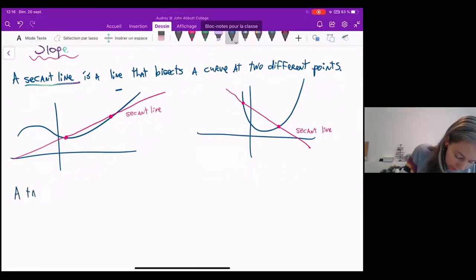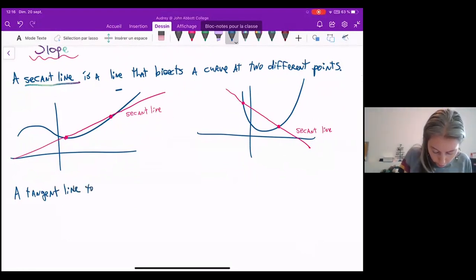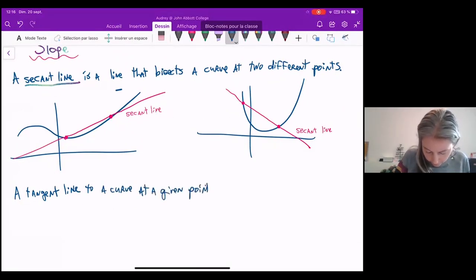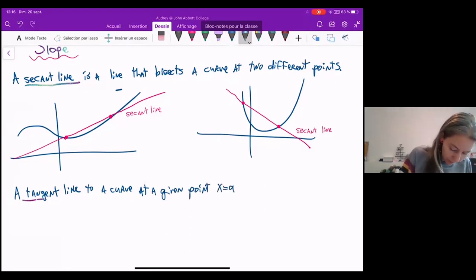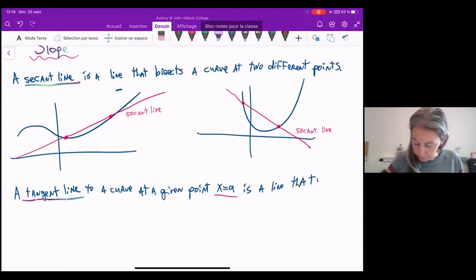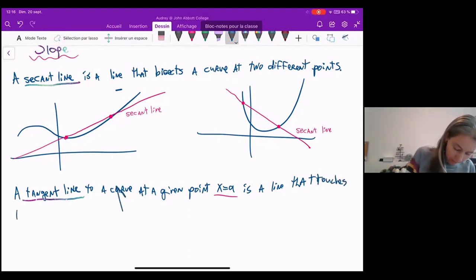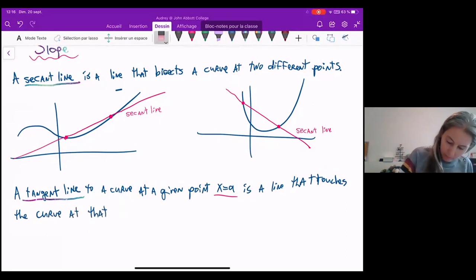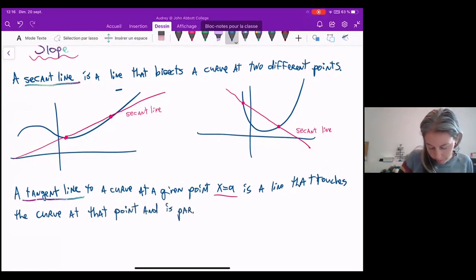So a tangent line to a curve at a given point, x equals a, is a line that touches the curve at that point and is parallel to the curve at that point.